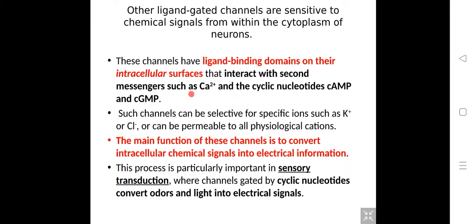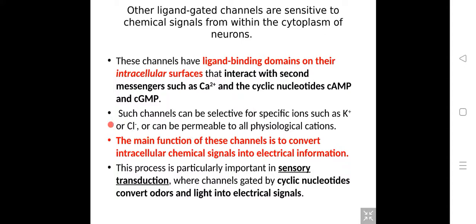So channels can be gated by second messengers such as calcium and the cyclic nucleotides AMP or GMP. Such channels can be selective for specific ions such as potassium or chloride, or they can be permeable to all physiological cations. Okay?